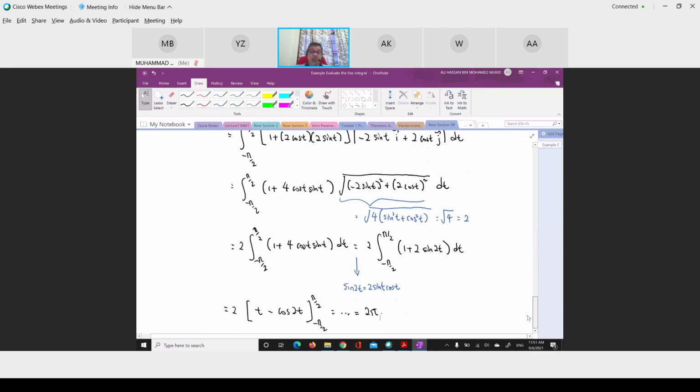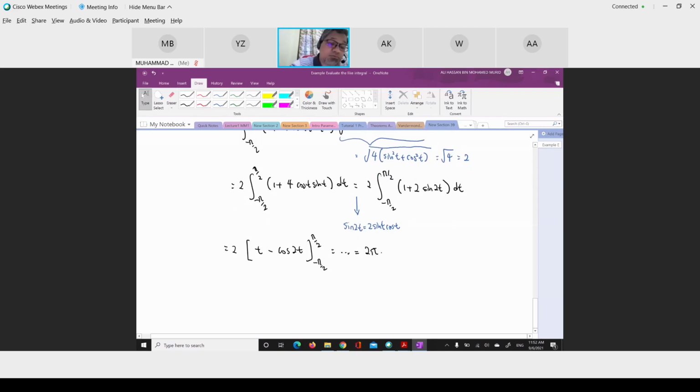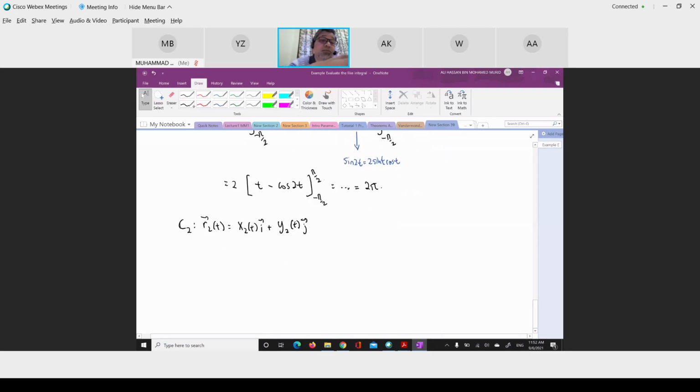Next, we want to evaluate the integral over C2, but first we must determine the parametrization. Let's call C2 r2(t) equal to x2(t) i plus y2(t) j. So what is x2, y2? This is a line segment, right?